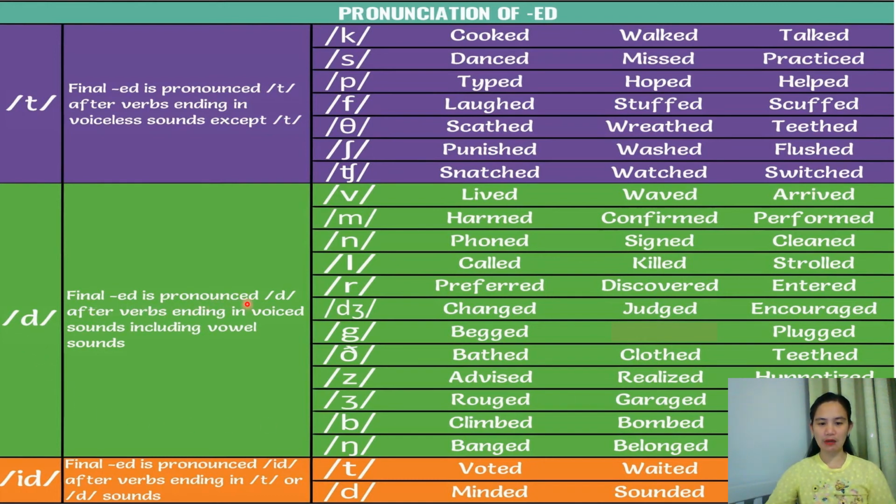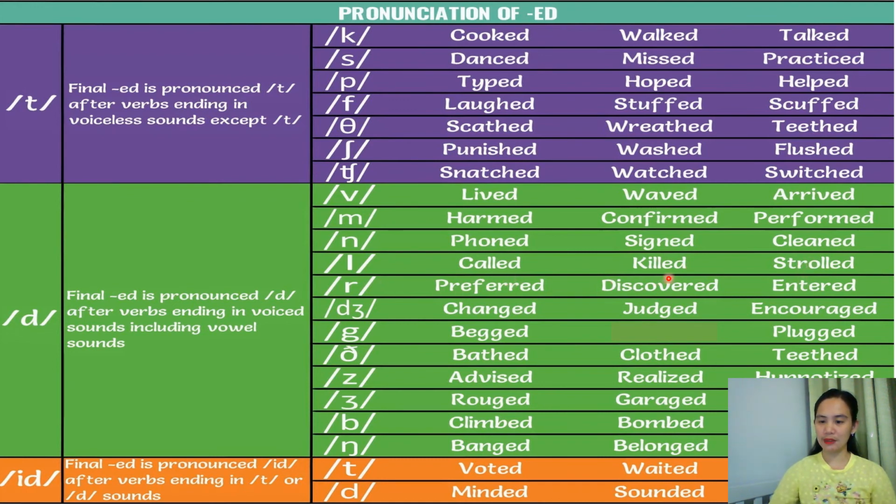D. Final ed is pronounced d after verbs ending in voiced sounds, including vowel sounds. V: lived, waved, arrived. M: harmed, confirmed, performed. N: phoned, signed, cleaned.